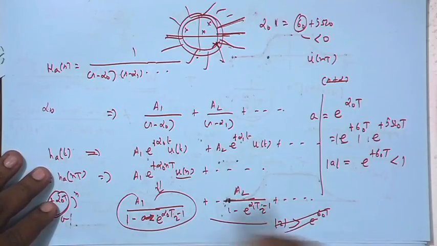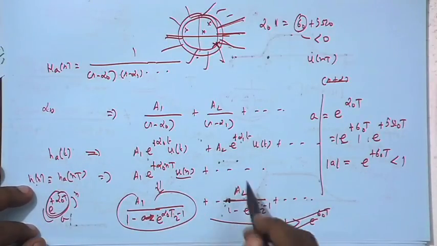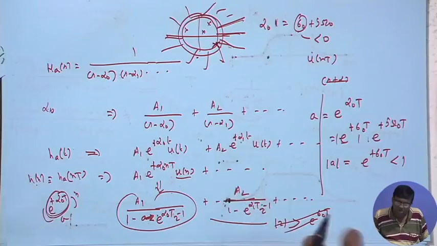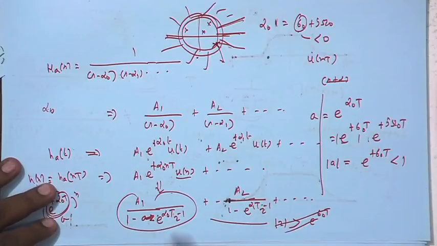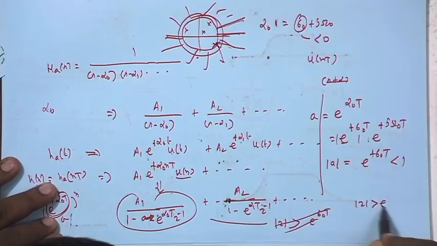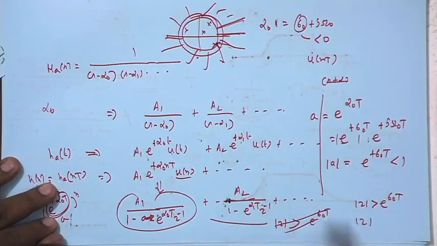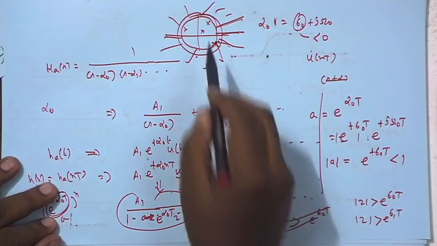Numerator also will be, simple algebra says, a polynomial in terms of powers of z inverse. So, you get a rational form. Here mod z will be greater than e to the power sigma 0 t, which is less than 1. Also from this, e to the power sigma 1 t is also less than 1. All these are within the unit circle, that is what I said.